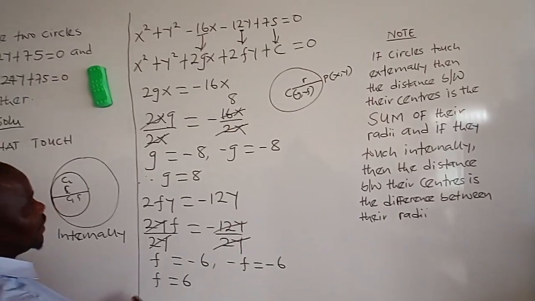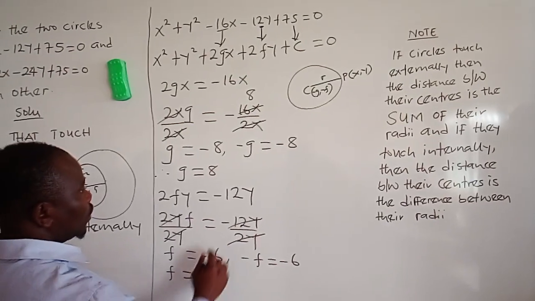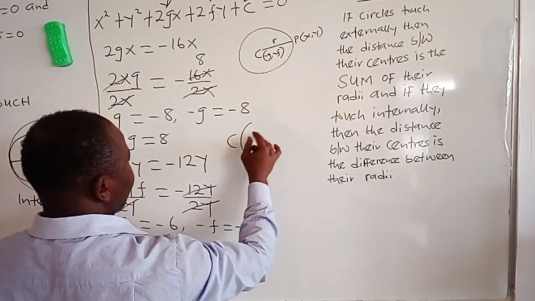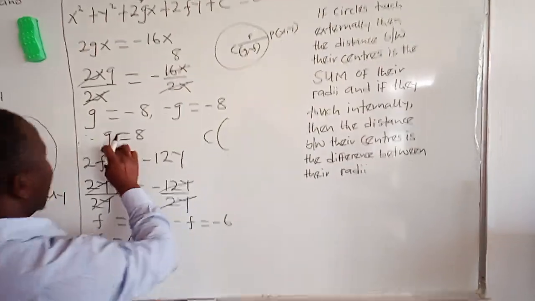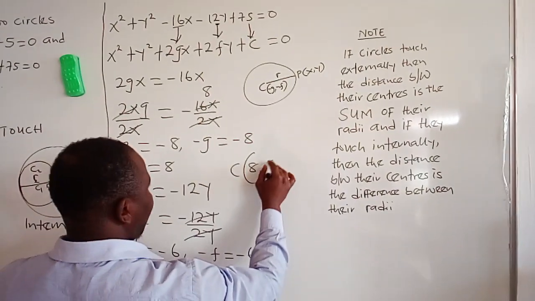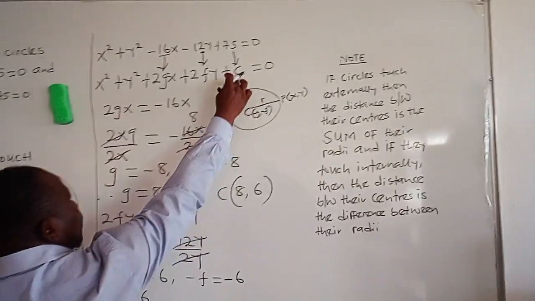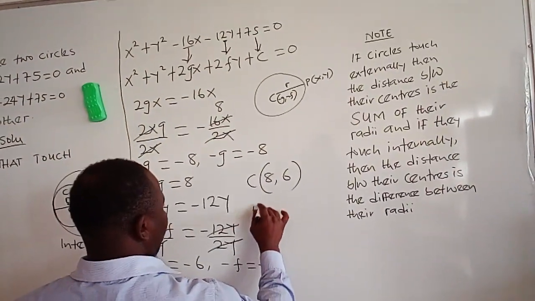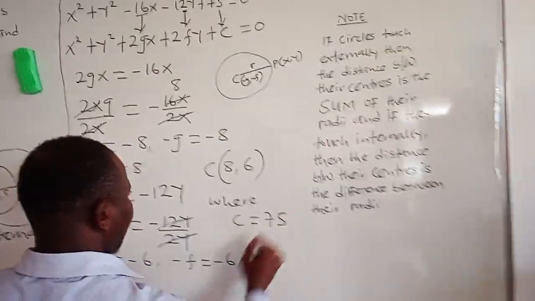Then the coordinate of the center, our center C, is now what? We know that our g is 8, and our f is 6. Then note that c is equal to 75.